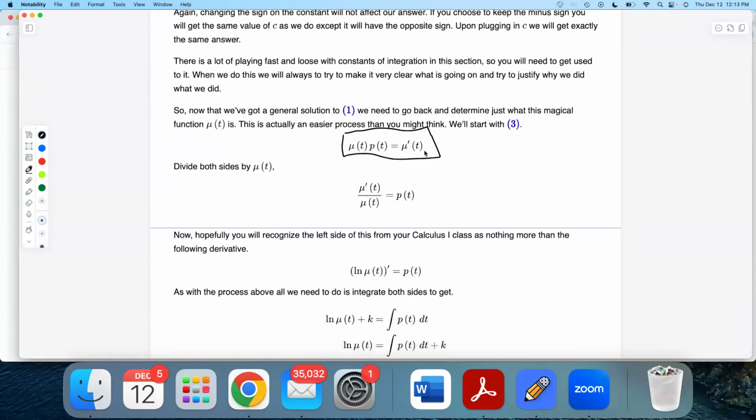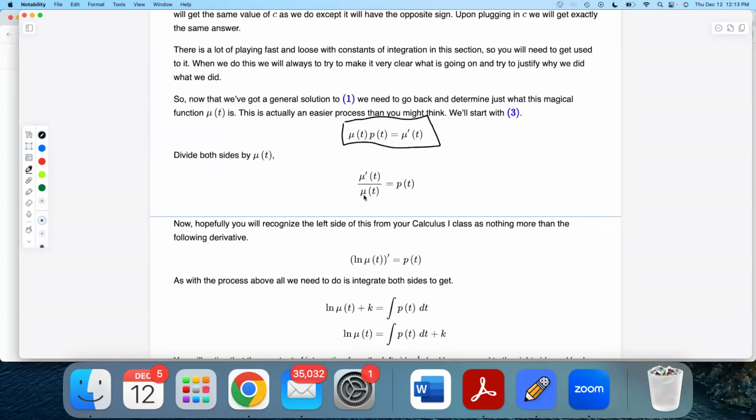Well, if we divide both sides by mu here, we could say, well, then P of t must be mu prime divided by mu. I'm trying to solve for mu here. You may remember from Calc 1, this is a pretty easy integral to do. So what we're really doing here is integrating both sides dt.